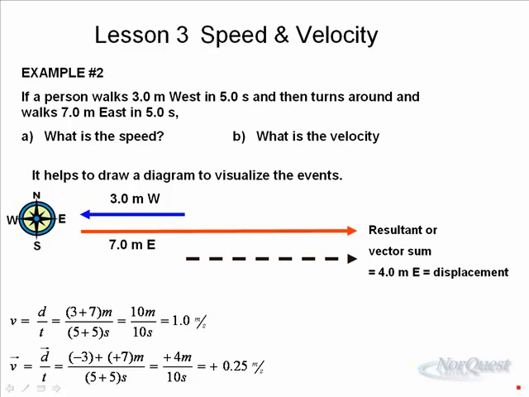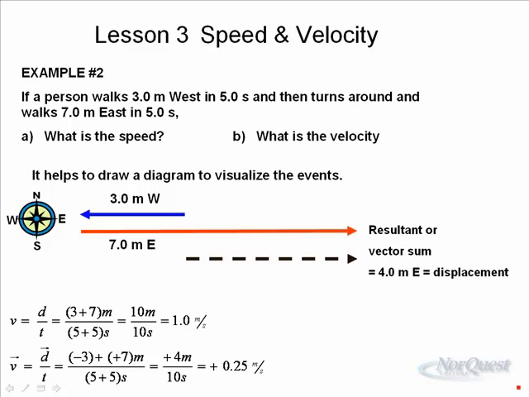And this is an arbitrary decision on your part, which one should be positive and negative. Generally, we make east and north positive, south and west are negative, but you don't have to do that. It's just a conventional approach. However, negative 3 plus positive 7 gives you positive 4.